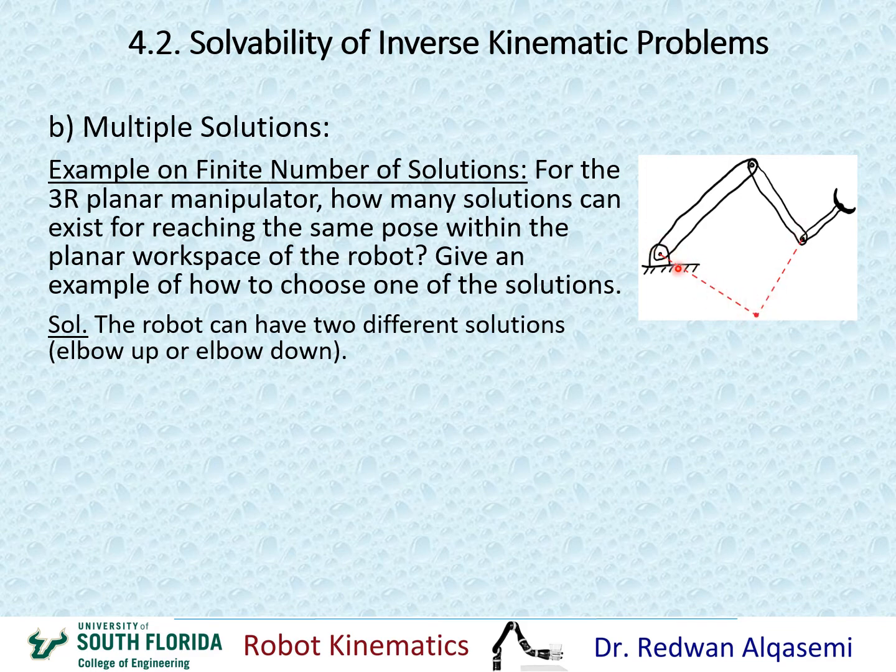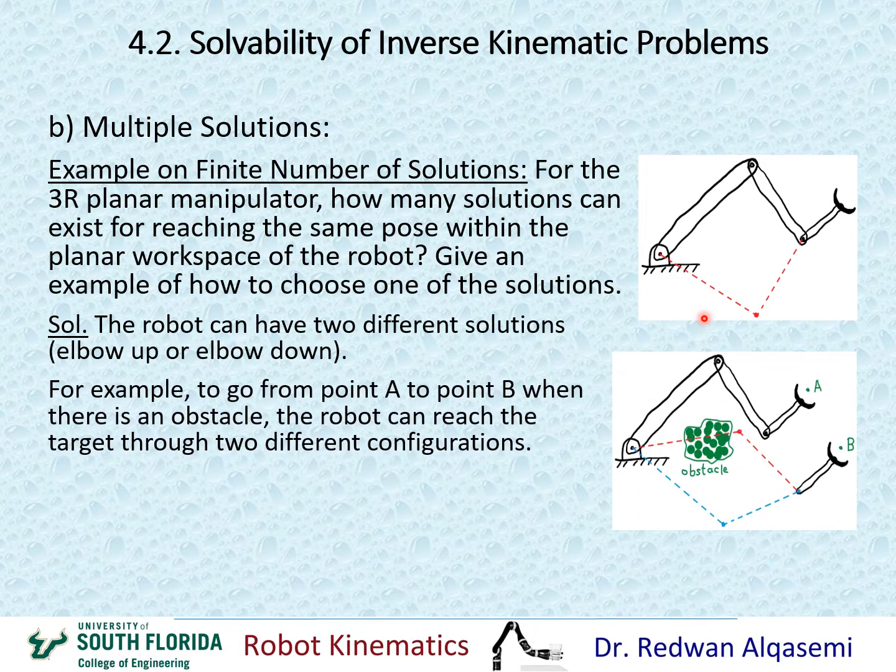Okay, so both of them are valid solutions that would give the end effector the same pose of position and orientation. So I can have 2 different solutions to go to the exact same point within the workspace of this 3R robot. Now, how do we choose? This is an example here that I looked at.